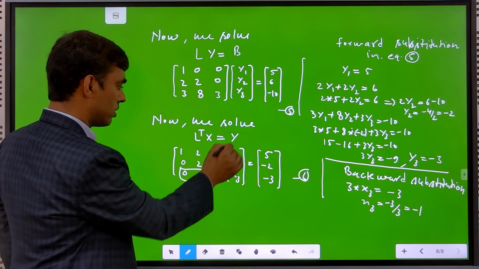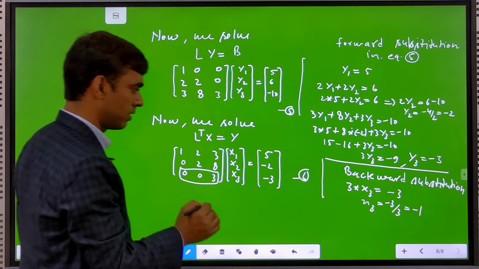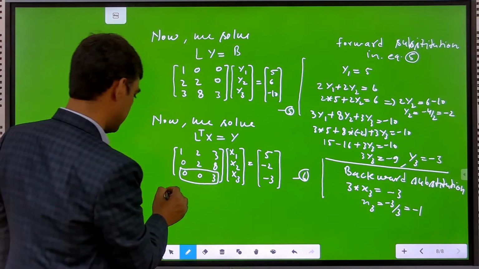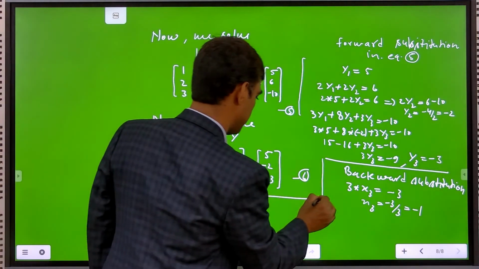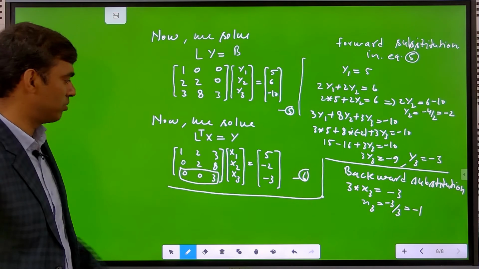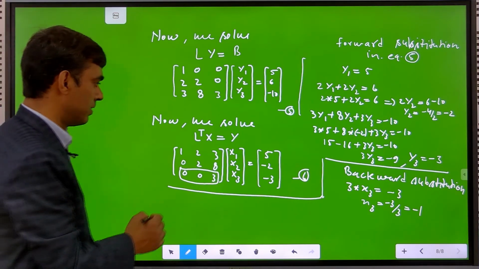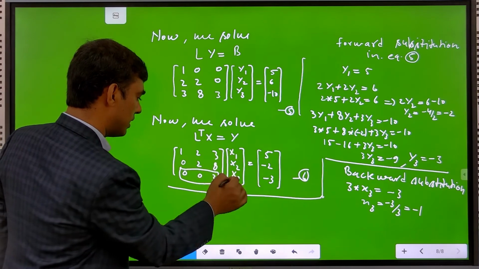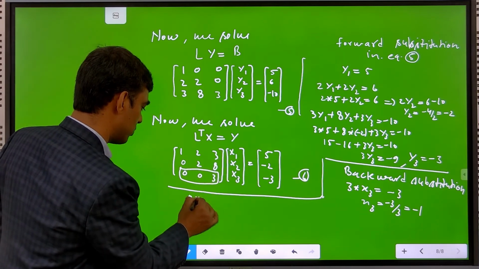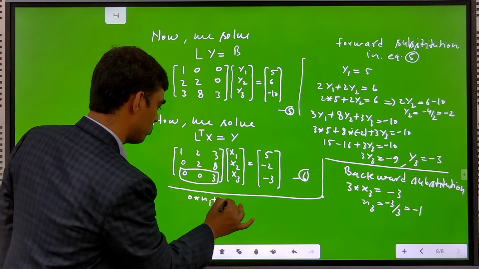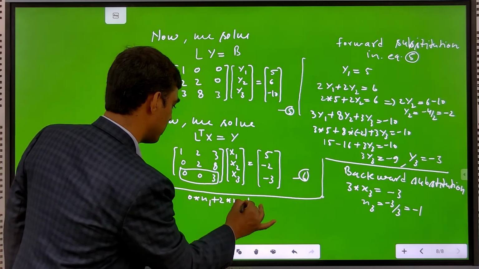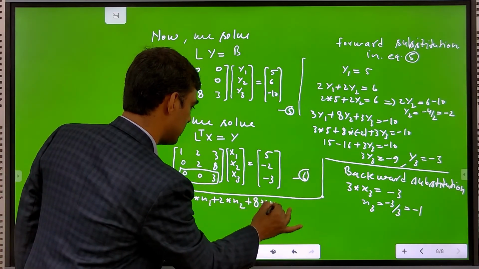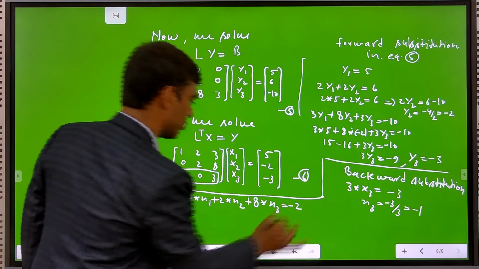Now the second row with this vector. Again we write it here, because if we write it on the next page, there is a need to write this equation again. Second row and this vector gives 0 into x1 plus 2 into x2 plus 8 into x3, and this equals -2.